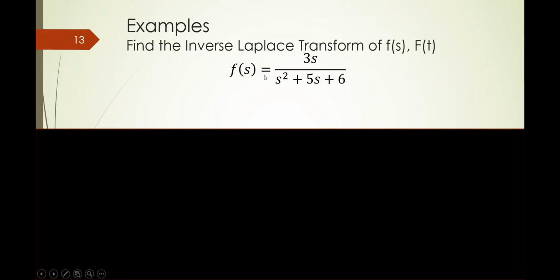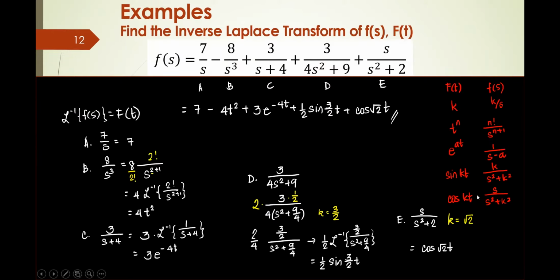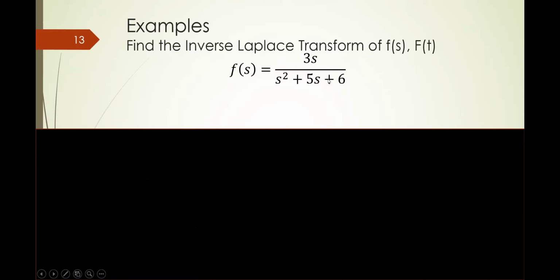You're given this one. However, you have to remember that when you're given something like this, I do not have that in this table. In this table, it's purely s squared or something that contains this and then squared. It does not contain an s. That's separate. So what do I do?